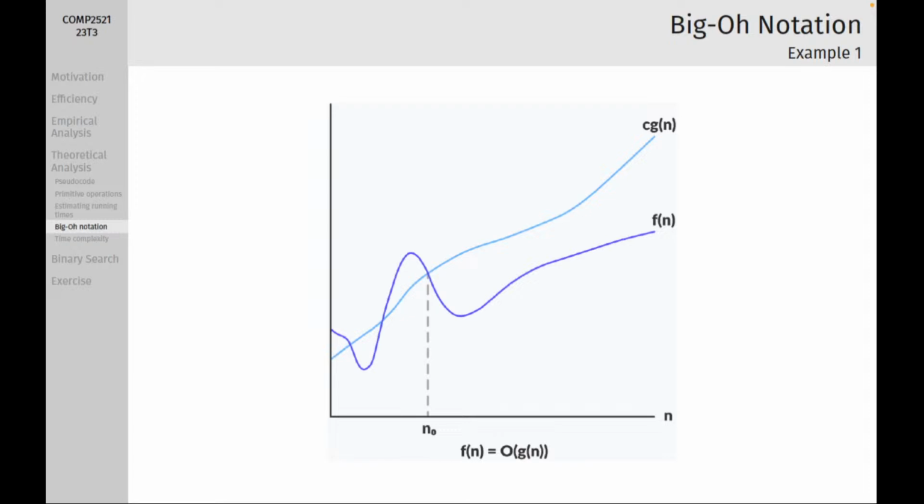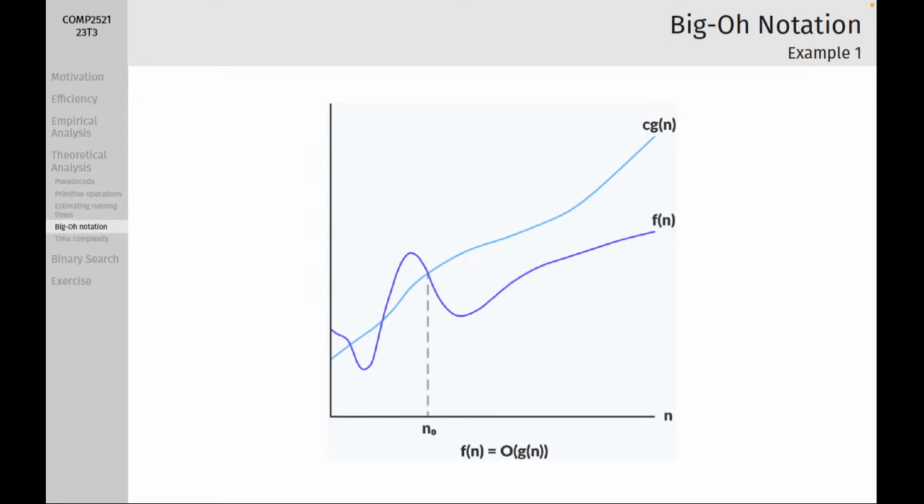What we see here is that at the beginning, when the input sizes are small, f(n) occasionally overtakes c times g(n). It starts up above, then it dips below, and then it goes above again, and then it dips below.